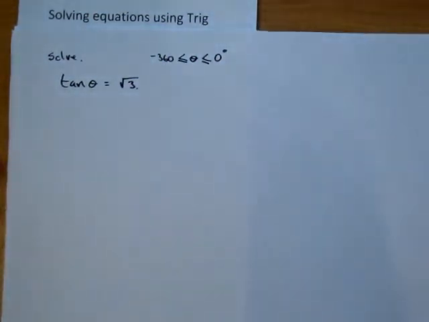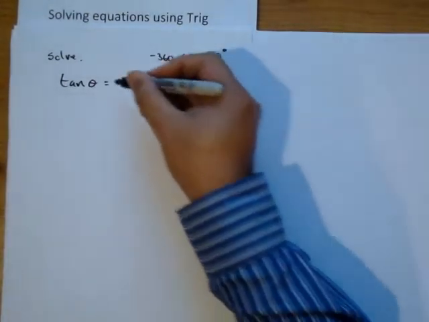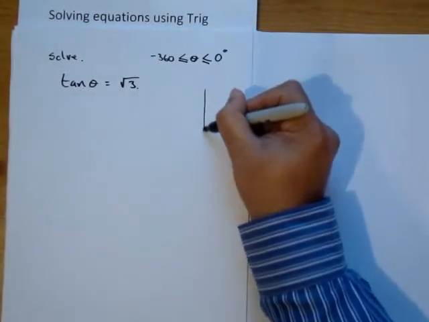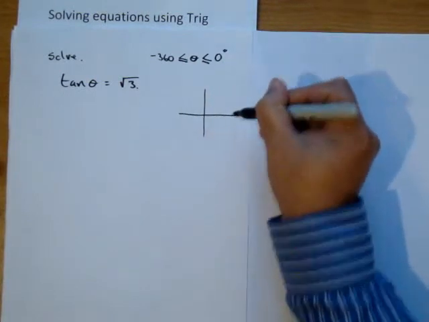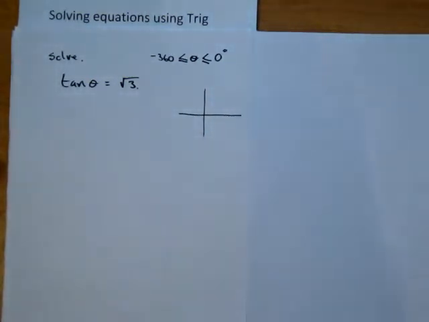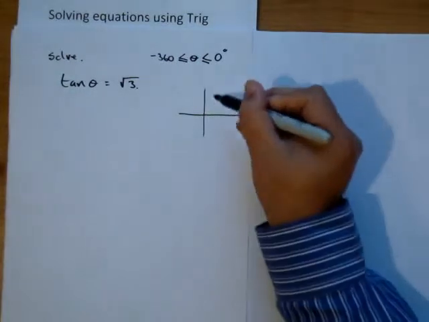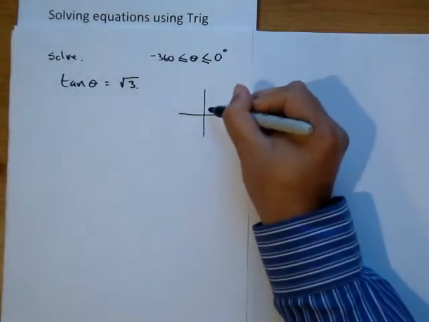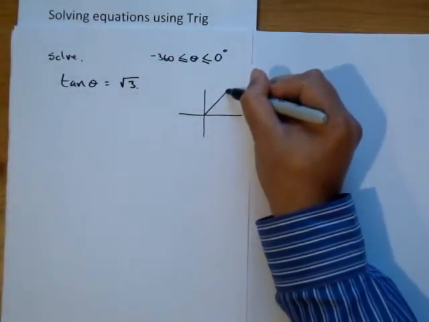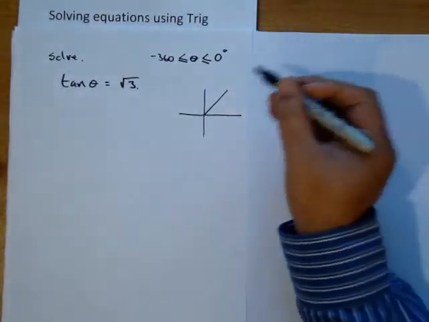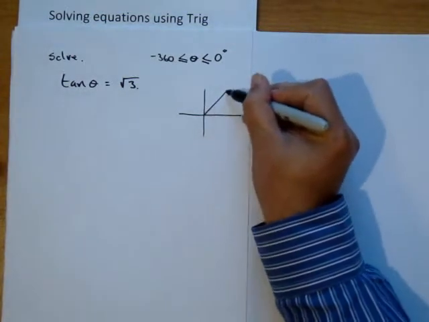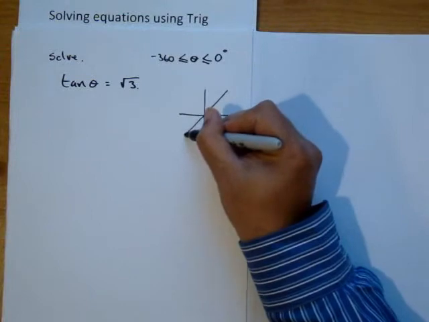So we have to give the answer for theta within that range. For tan theta, it's positive. So if we draw our little quadrant diagram, where is tan theta positive? Tan theta is positive in quadrant 1, where all are positive, and also in quadrant 3. So we bring this line down here.